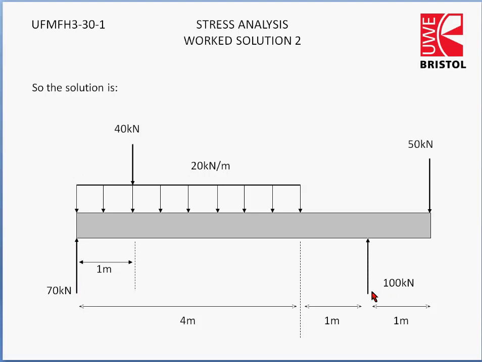So finally, let's look at our solution. So we've got a 70 reaction force at A, and we've got 100 reaction force there. Okay, I corrected this diagram as well. So let's just think about it. Does that seem reasonable?